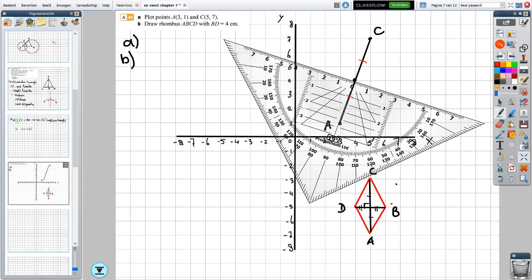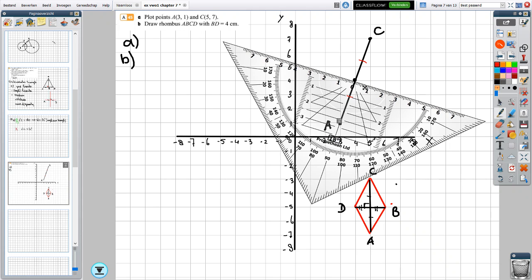Well, why is that so important in this case? Well, if I know that the other diagonal must be on this line here, do I know the length of this diagonal? Yes, you do, because you know that the whole line from B, which is somewhere here, and D, which is somewhere here, is going to be 4 centimeters.